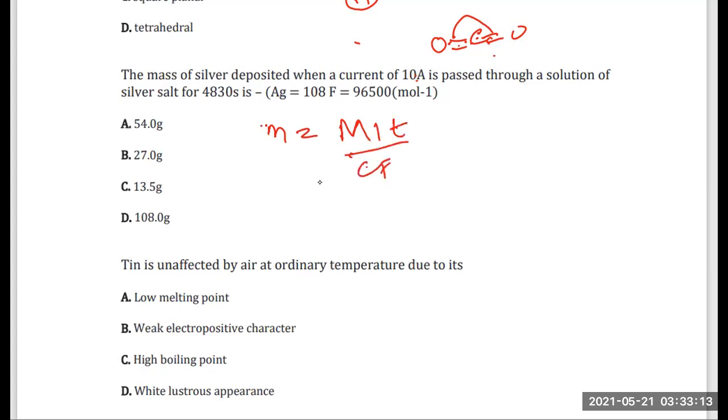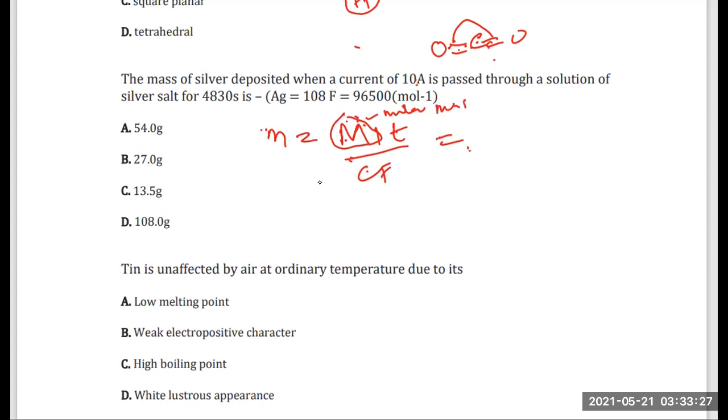So this should help us quickly. So what does this M represent? This bigger M represents the molar mass. So if I have to do this, the molar mass of silver is 108. I'm having 108 times, what is the current? 10. Okay, times what is the time?